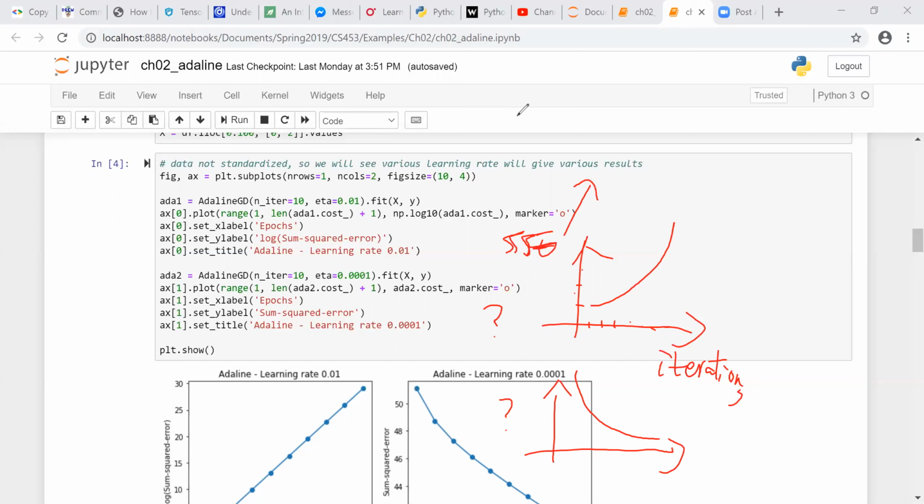The sum of square error is our cost function. Cost function. So in gradient descent, the cost function versus the number of iterations. So if it grows, it's better, or if it decreases, it's better. Anyone knows the answer?